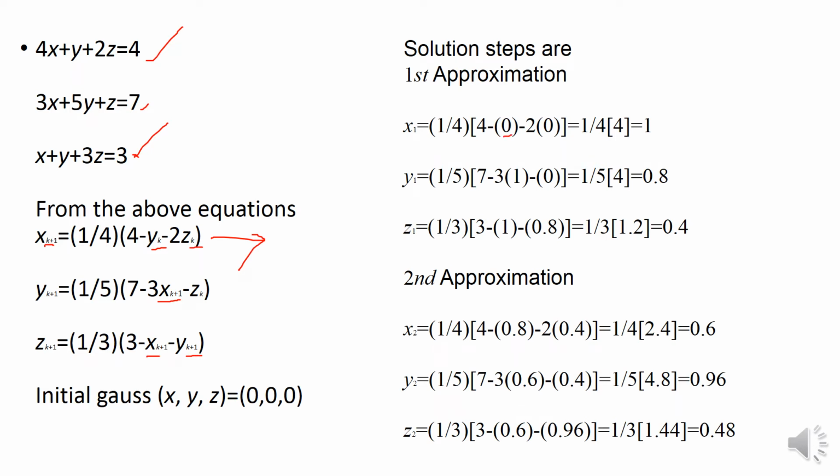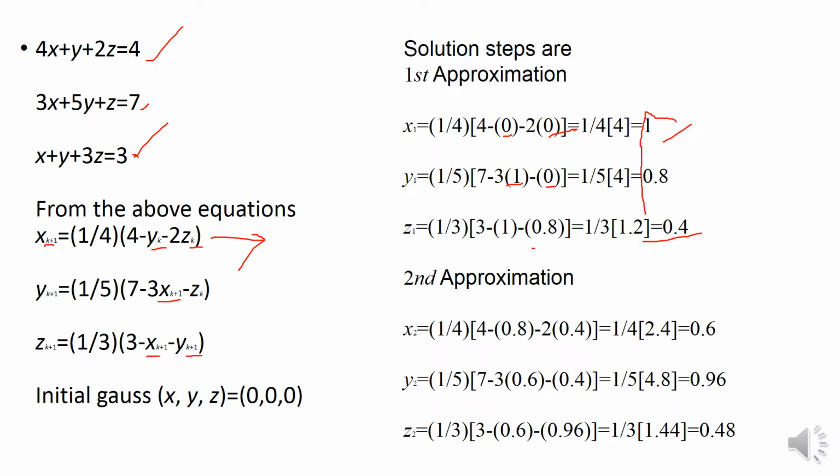So with y0 and z0 as zero, 1 upon 4 into 4 gives us 1. y1 is 1 upon 5 (7 minus 3 times xk plus 1, which is 1, minus z0, which is 0), so this comes to 1 upon 5 into 4, that is 0.8. Now z1 is 1 upon 3 (3 minus xk plus 1, which is 1, minus yk plus 1, which is 0.8). So we put these values and get the value, 0.4.